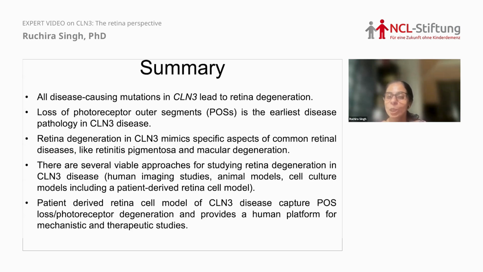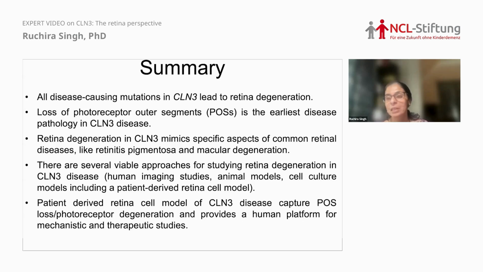And there are several viable approaches for studying retina degeneration in CLN3 disease, and this includes human imaging studies, animal models, cell culture models, including immortalized cell lines and patient-derived retina cell models from the iPSC technology.